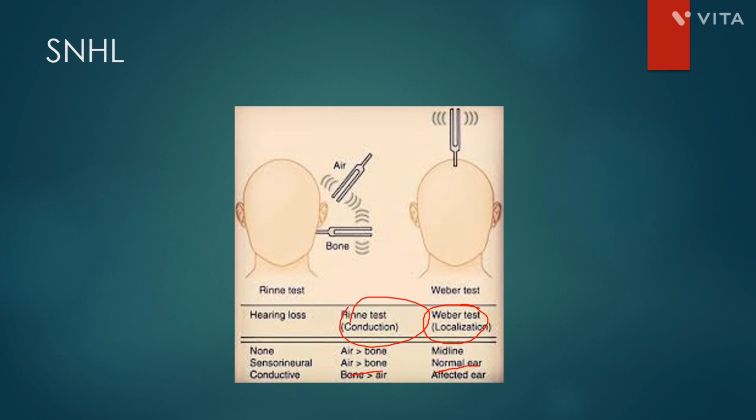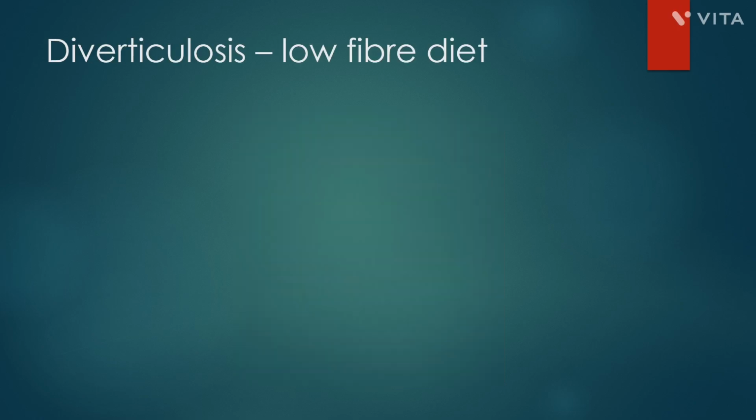In conductive hearing loss, Rinne becomes bone more than air, and Weber lateralizes to the affected ear. So if there is bone conduction more than air conduction, suppose in the right ear, with Weber lateralizing to the right ear, it is right conductive hearing loss. So you have to know that.